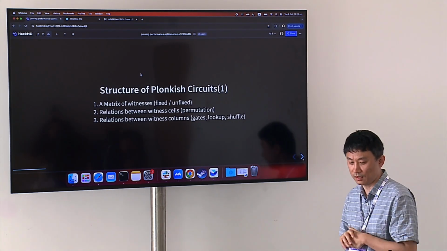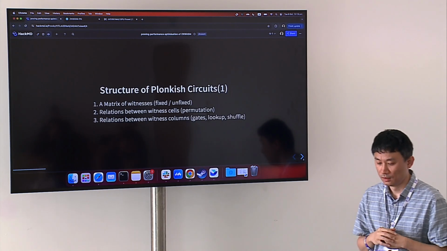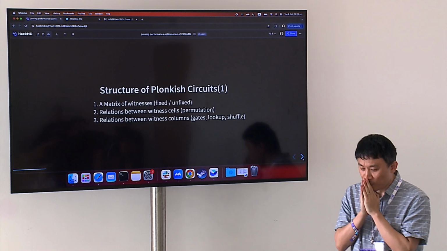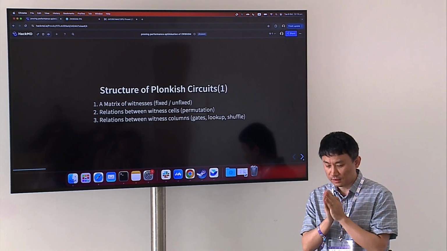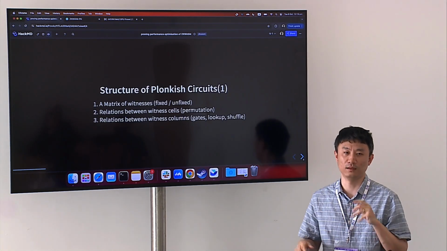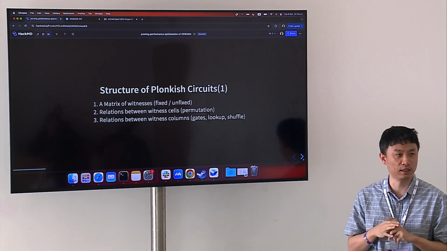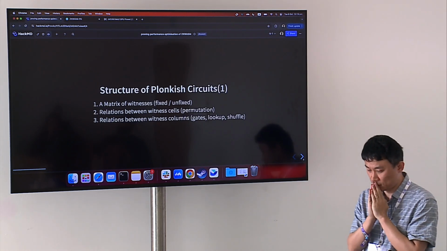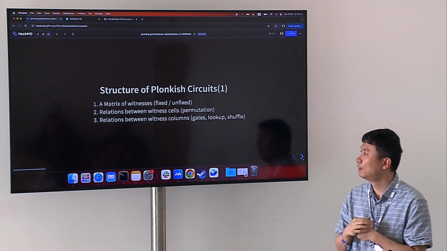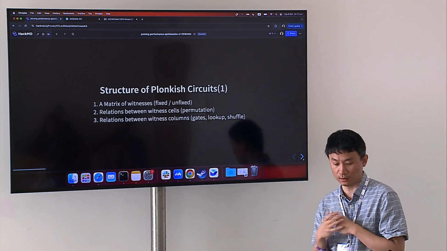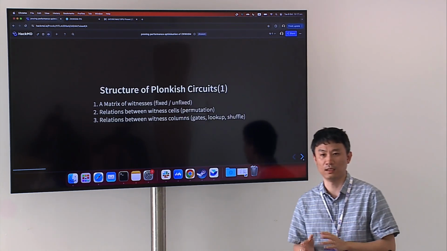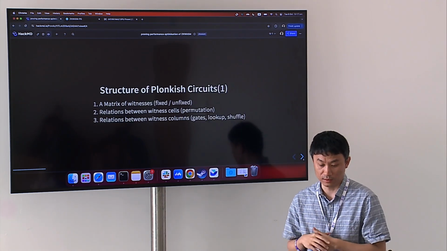So before I explain, I'm going to just recap the structure of the Plonkish circuit. Because there are lots of protocols in the KZG backend, right? Logup, lookup, shuffle, permutation, right? Okay, so I'm going to abstract the Plonkish circuit with just 3 abstractions. The first abstraction is the witness, because the whole circuit is basically a large matrix of witness.